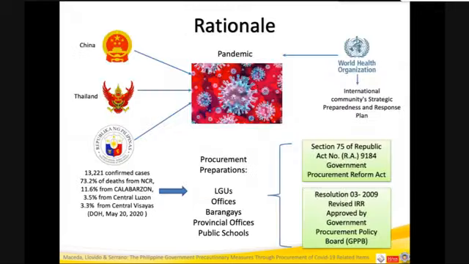So last January 2020, China publicly shared the genetic sequence of COVID-19. Officials confirm a case of COVID-19 in Thailand as the first recorded case outside of China. The World Health Organization releases the international community's strategic preparedness and response plan for the purpose of helping protect states with weaker health system.